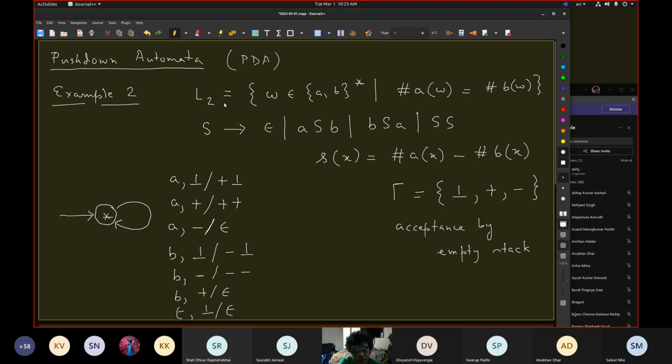On the other hand, if W is not in this language L2, that is the counts of A's and B's mismatch, then no matter what non-deterministic choices the machine makes while working on that input string, it can never reach the acceptance position.